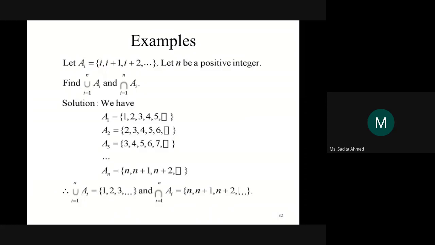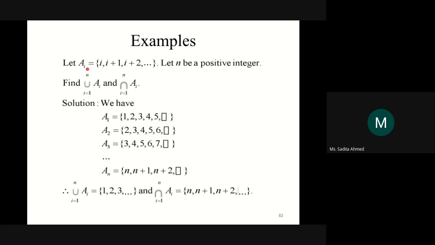That's one. Now, for the second set, A_2, what is the value of i? i is 2, right? So the elements of the set A_2 will start from 2, because this time the value of i is 2.